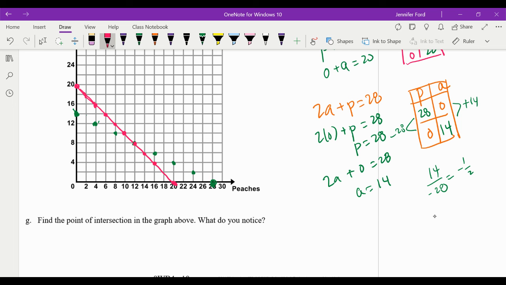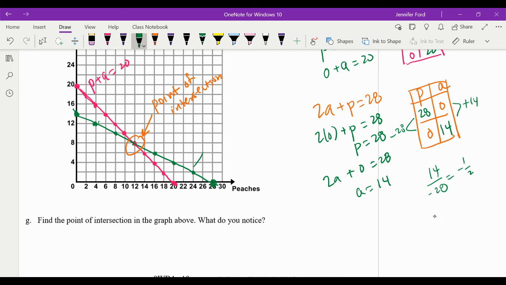And you might notice that this point right here where the two lines cross, that point right there is a special point. It's called the point of intersection. Which is just a fancy way of saying that's the point where the two lines cross. And this line is P plus A is 20.